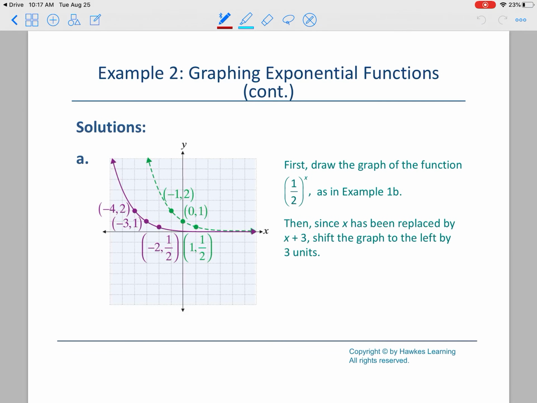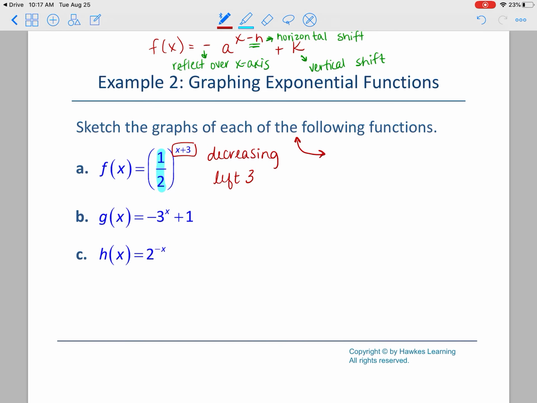Here is that original in green. Dotted in green is the original. We actually just plotted it a few minutes ago. The dotted green line is the original parent function, 1/2 to the x power. Now, I'm going to take all of those points, and all I've got to do is move them. My graph is still decreasing.